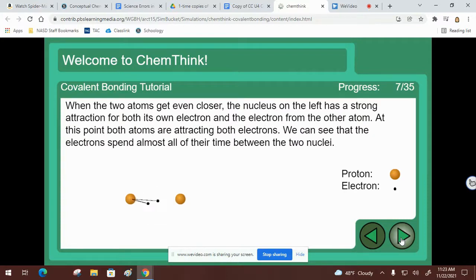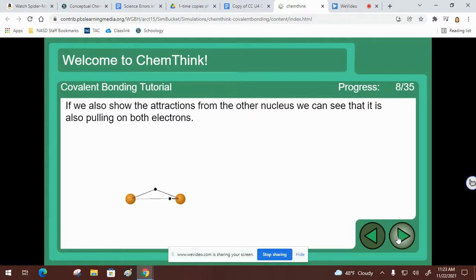When the atoms get even closer, the nucleus has a strong attraction for both its own electron and the electron from the other atom. Both atoms are attracting both electrons. We can see that the electrons spend almost all of their time between the two nuclei. Answer the next question.